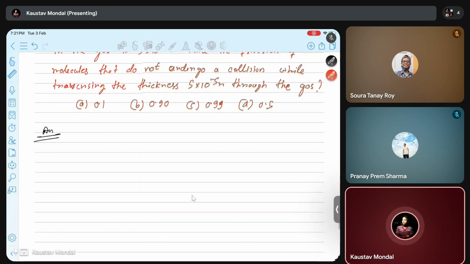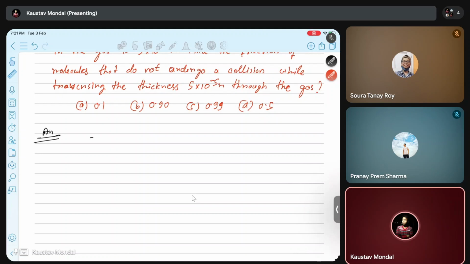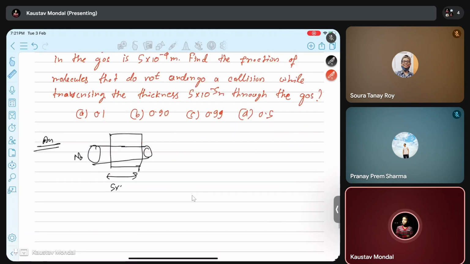So the thing is, a certain number of gas molecules is moving through a particular thickness. Initially the number was N naught. It moves through a thickness of 5 into 10 to the power minus 5 meter, delta x.